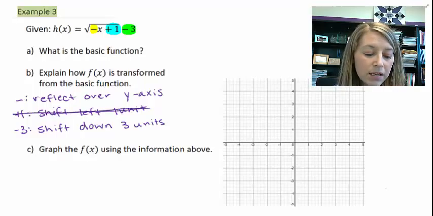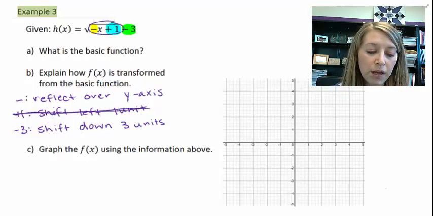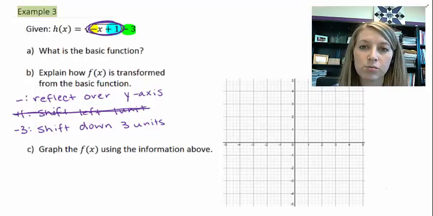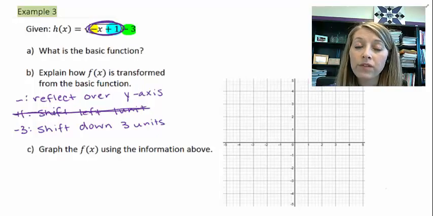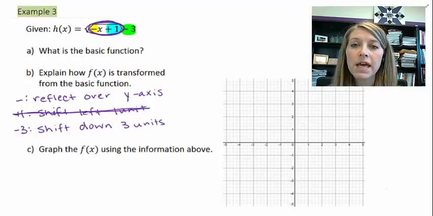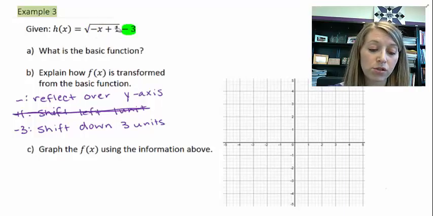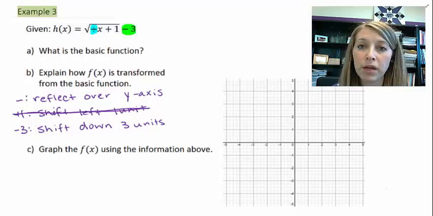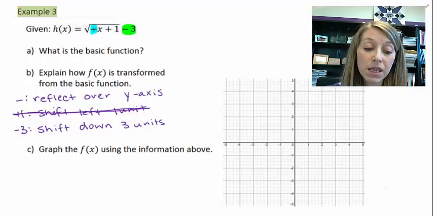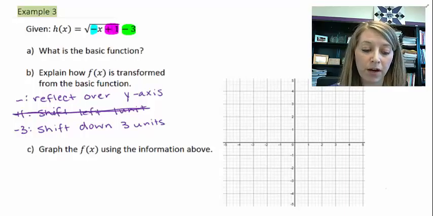The problem is anytime we have a multiplication and an addition or subtraction on the inside, we have to think back to our PEMDAS rules. Multiplication has to happen before our addition and subtraction. So we have to think about this in terms of multiplication first and then addition second. So anytime you have both of those operations on the inside, you must factor out your multiplication term first, and then that will tell us the correct corresponding shift from there.